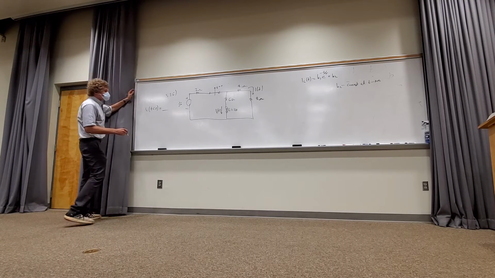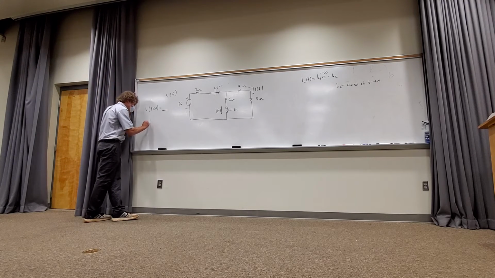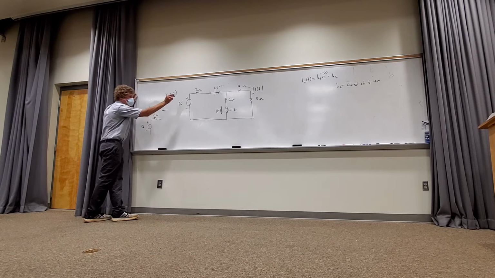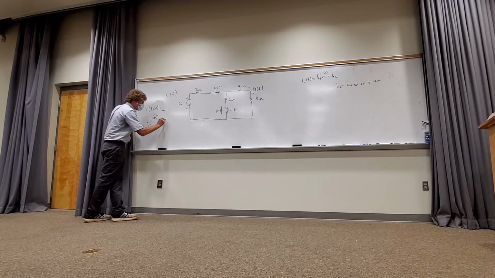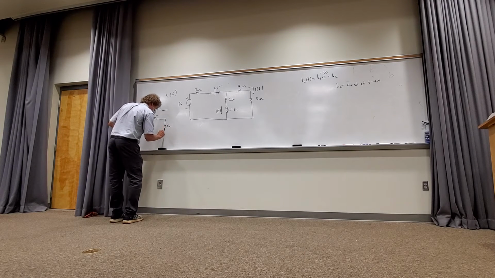So if we look at this thing, here's my circuit. I got 36 volts. Then I got 2 ohms. Remember, that switch is closed. Then I've got 6 ohms here, right? And then I have where the inductor was. Now I'm going to replace that inductor with a straight wire. I want this current.